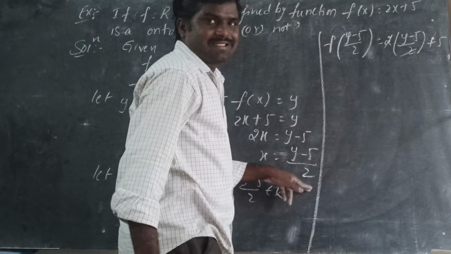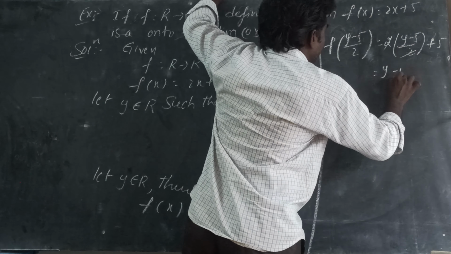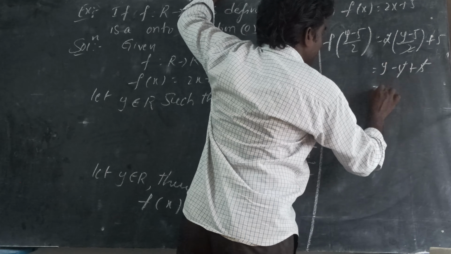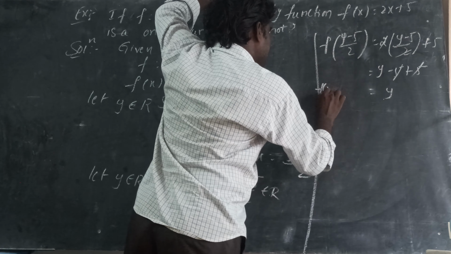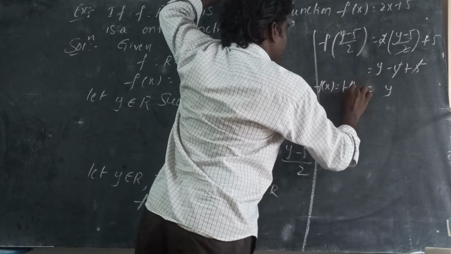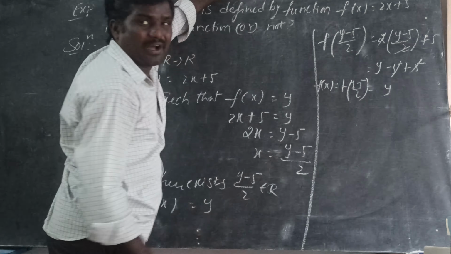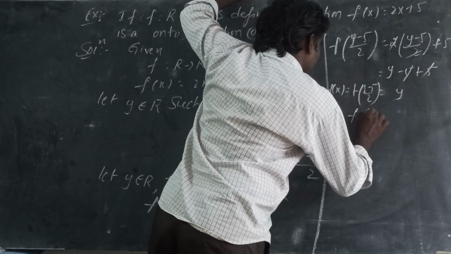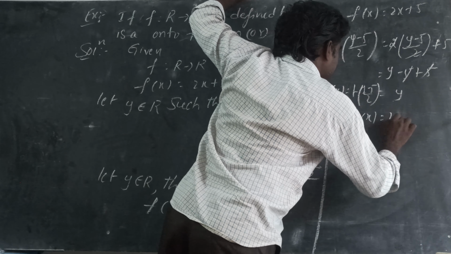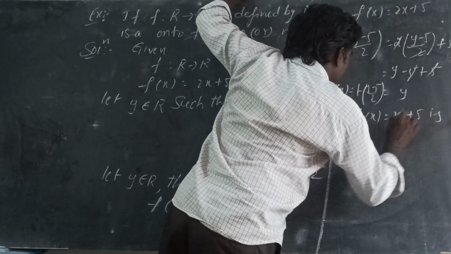The 2 cancels, then y minus 5 plus 5, the minus 5 and plus 5 cancel, that is equal to y. So f of y minus 5 by 2 is equal to y. Therefore f of x is equal to 2x plus 5 is an onto function.